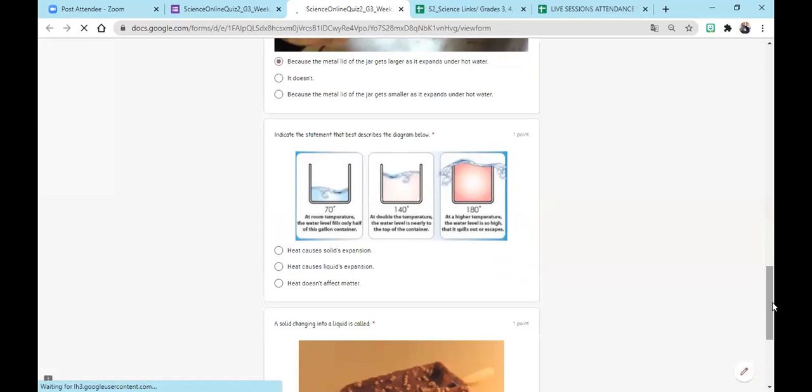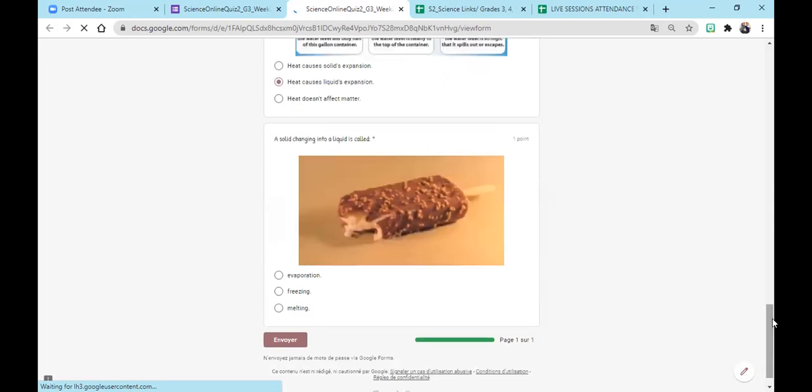Look at this. We're heating a liquid. The more we heat the liquid, the more it expands. So what does this diagram show? Solids expansion, liquids expansion, or that heat does not affect matter? Liquid expansion. Liquids expansion, thank you. What's happening to the ice cream right here?